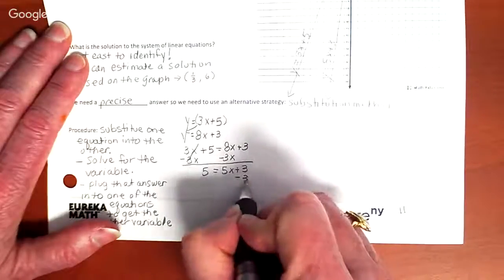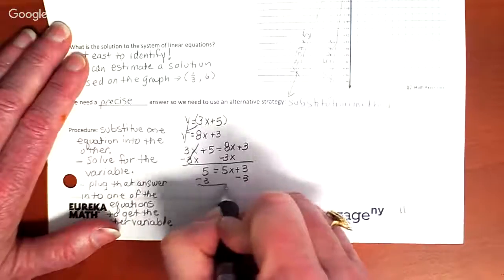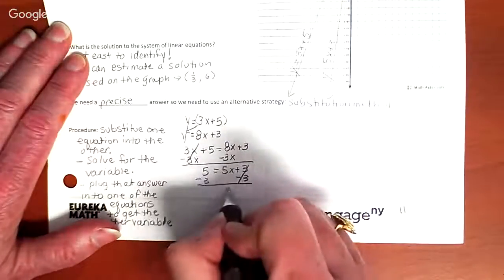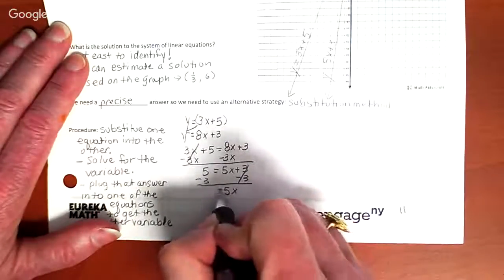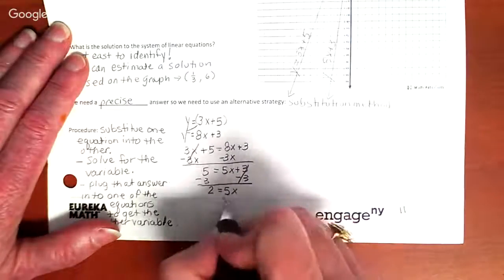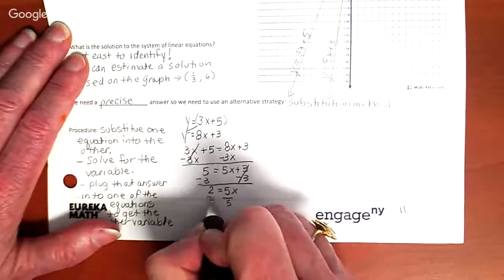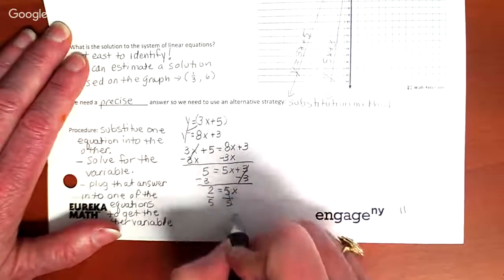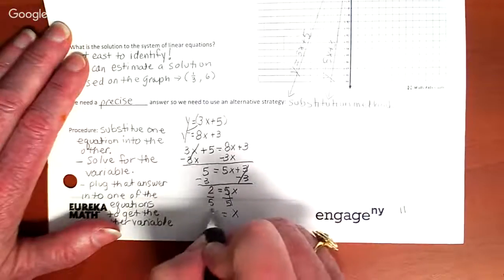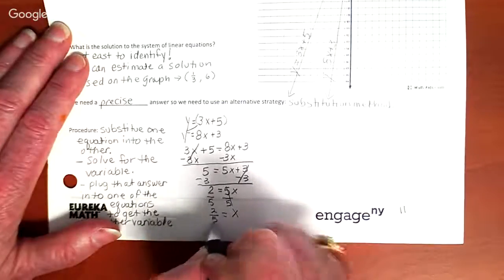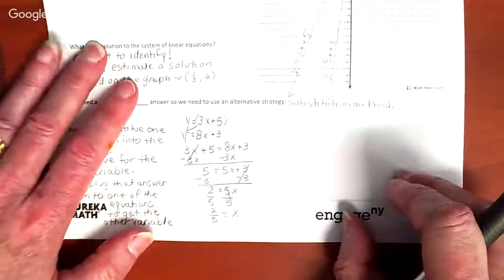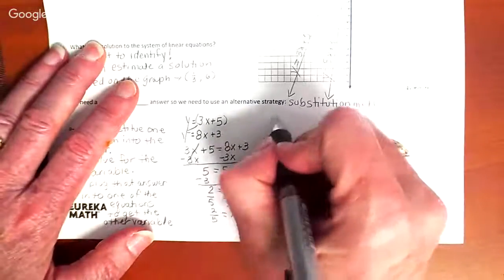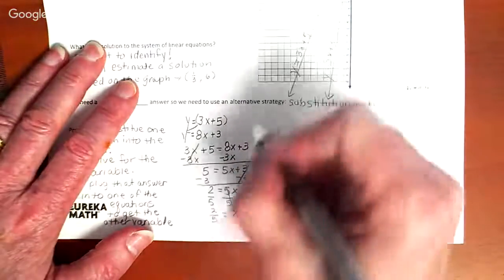I'm going to subtract 3 from both sides. And I get 5x equals 2. Divide both sides by 5. And I get x equals 2/5. So now I have x equals 2/5.